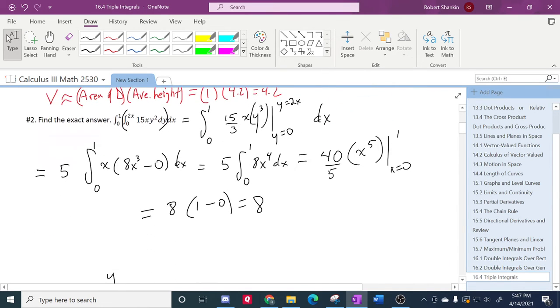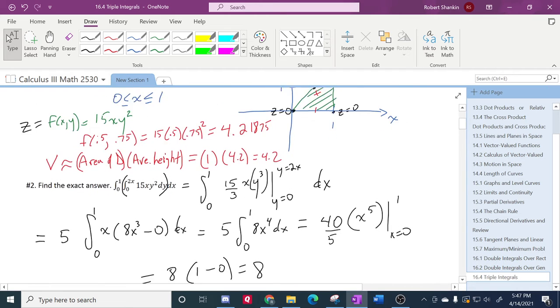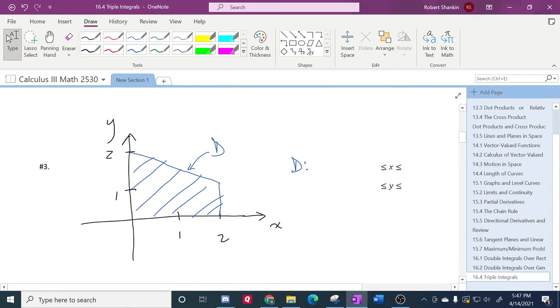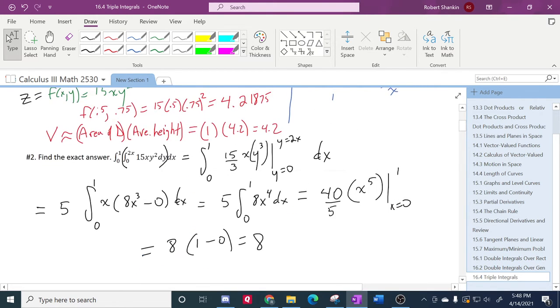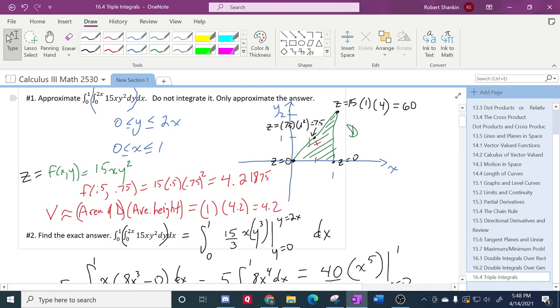All right, so let's go to number 3. This is a region D, just like the region D was the region mapped out by the intervals for the integral.